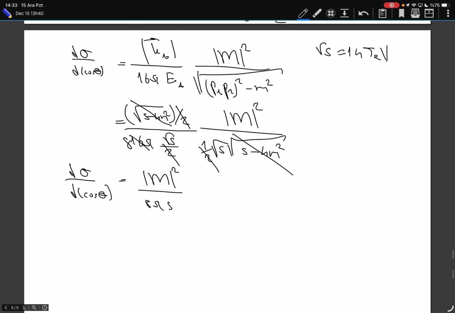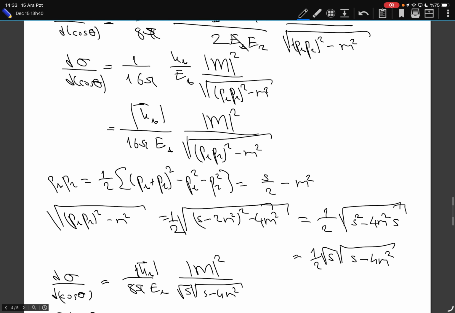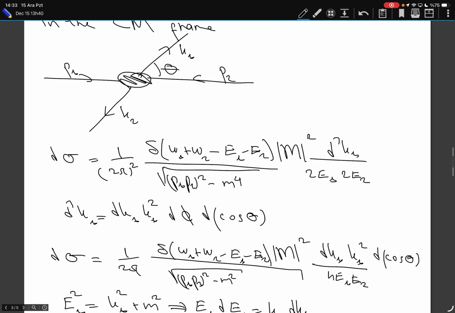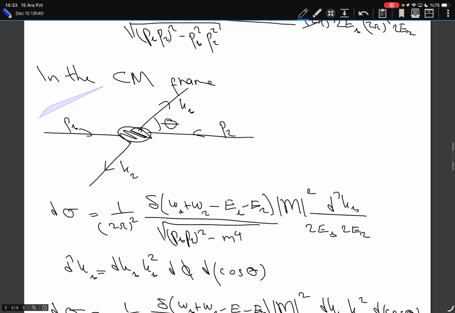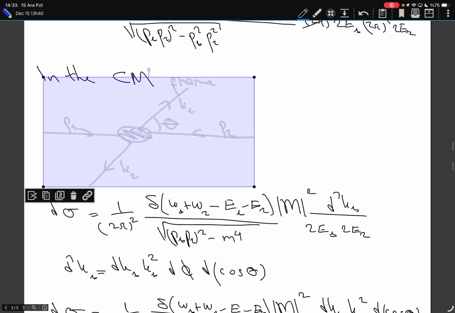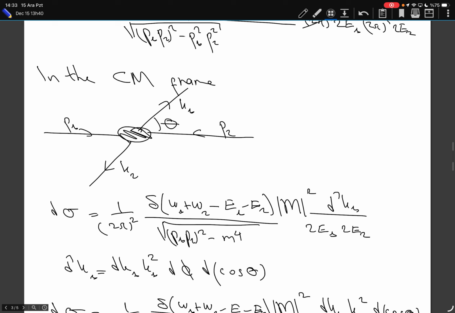There is one thing left before you go for a break. What is cosine theta? You see, let's look at cosine theta. Let's look at this diagram. You see, cosine theta is actually P1 dot K1.